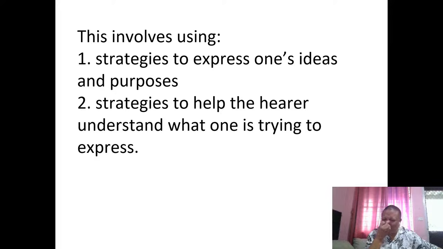So that's a strategy to express one's ideas and purposes. My purpose is knowing "pang ilang presidente si Barack Obama." And it also involves strategies to help my listener understand what I'm trying to say, because I didn't know how to say it in English. So I made use of strategies to express my meaning, to achieve my purpose, and to help my American listener understand what I'm trying to express.